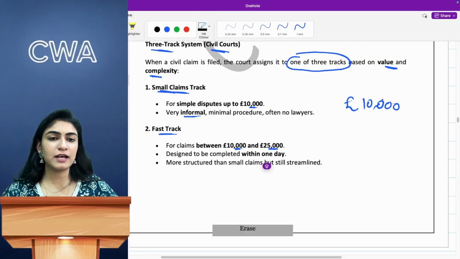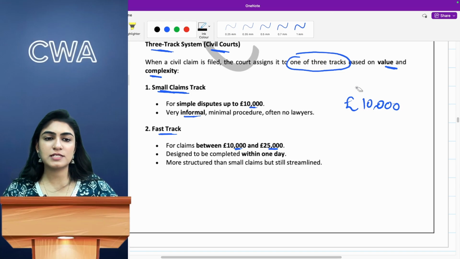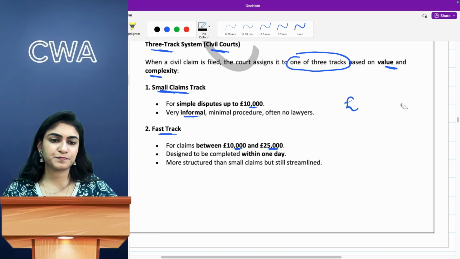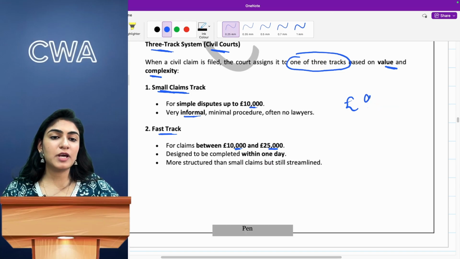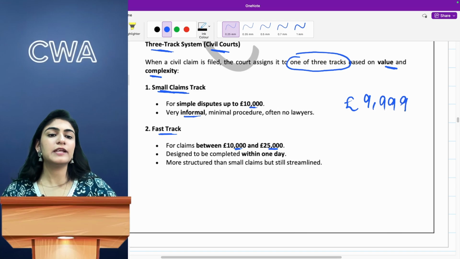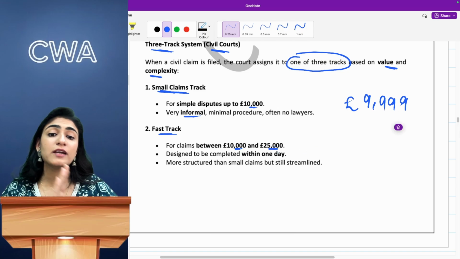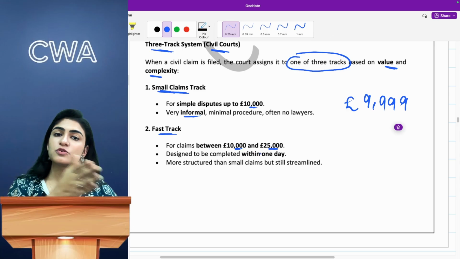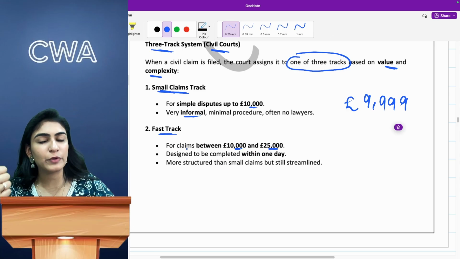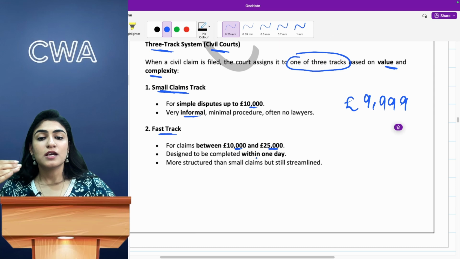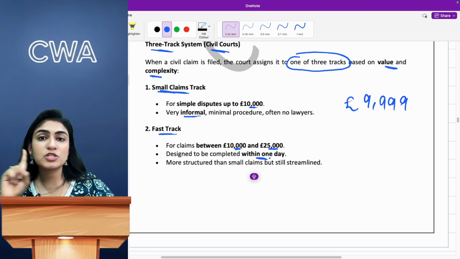So in our first case scenario, it can be up to 9,999 pounds. However, if it is between 10,000 and 25,000 pounds, it will be a fast track. It is designed to be completed within just one day.